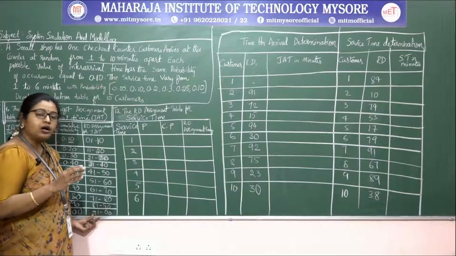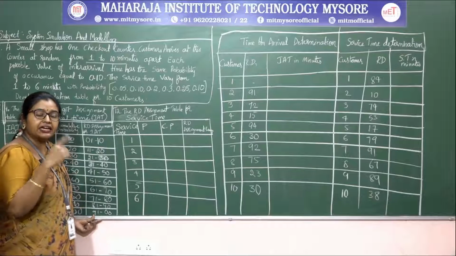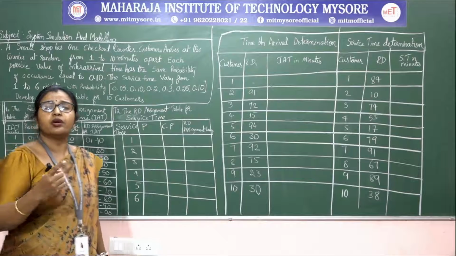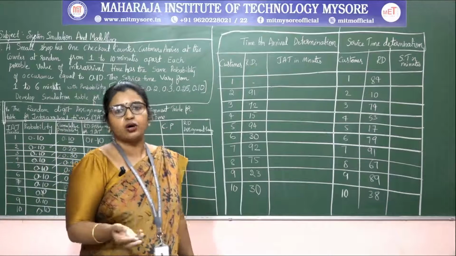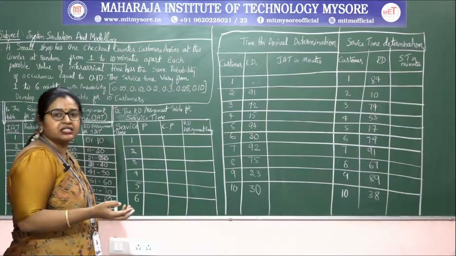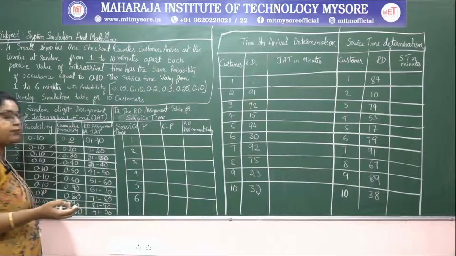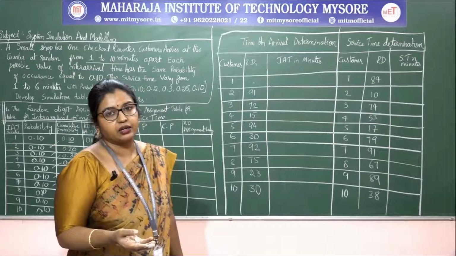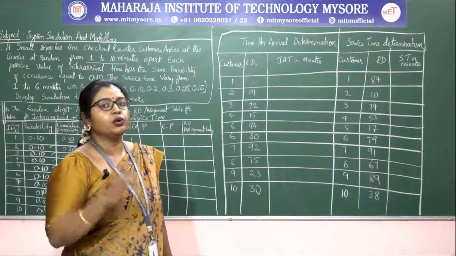So the last range represents 91 to 99 plus 0. If the random number you have generated is 0, then you need to go with the last range, that is 10 minutes apart. He may come after 10 minutes, like that. Okay, so that is for whichever customer you are calculating.